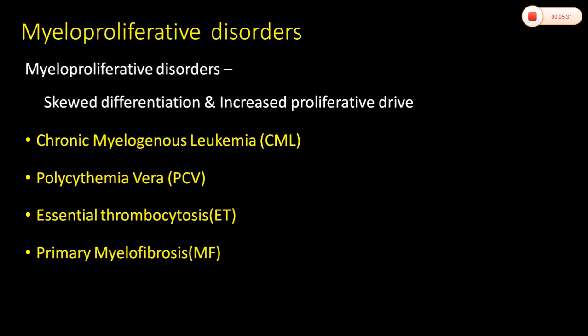If granulocyte series is taken, then it becomes chronic myelogenous leukemia. Remember, when granulocyte lineage is picked up for proliferation, the skewed differentiation is towards granulocyte series, then it becomes chronic myelogenous leukemia. We are not going to talk about primary myelofibrosis. This is out of our scope for today's class. Let us talk about chronic myelogenous leukemia for this class.